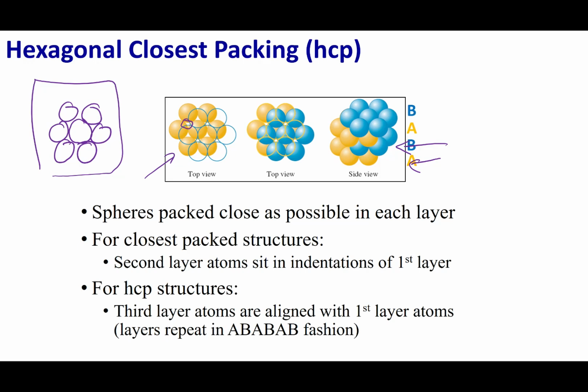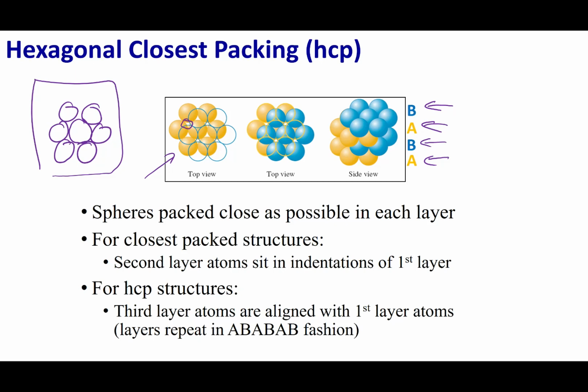I have a couple of choices, but in this particular packing, I'm going to layer the third layer directly over the first layer. And I'm going to do the same with my fourth layer. The fourth layer is going to be directly above my second layer. And so my layers are going to be A, offset B, A, then back to B again.